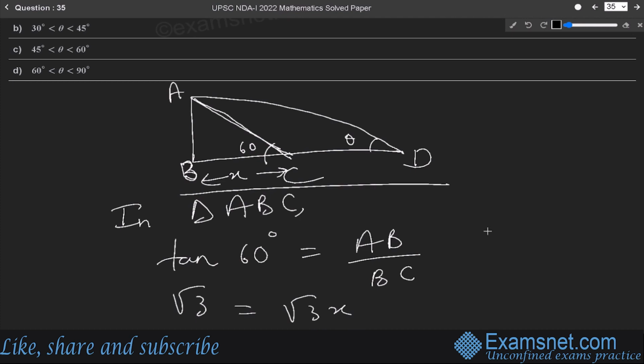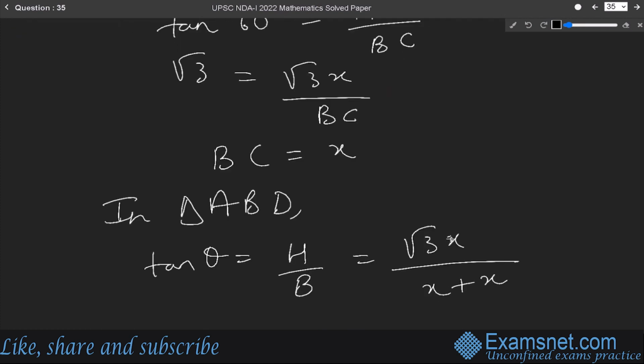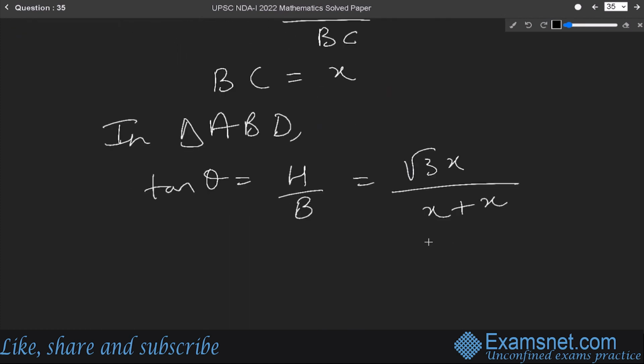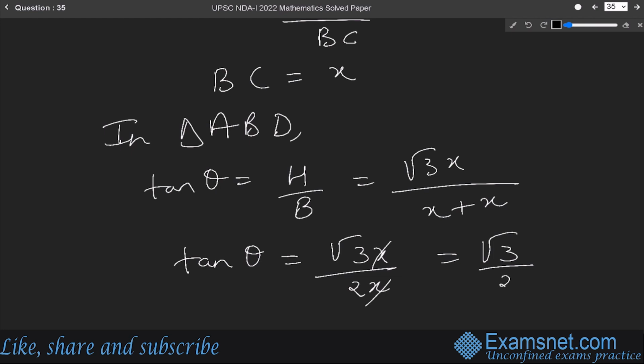Since we know the value of BC, this part also will be x. Therefore, BD is equal to x plus x. And the perpendicular or the height is the same, which is root 3x. So further solving it, we get tan theta is equal to root 3x upon 2x. So x and x will be cancelled. So tan theta will be root 3 by 2.